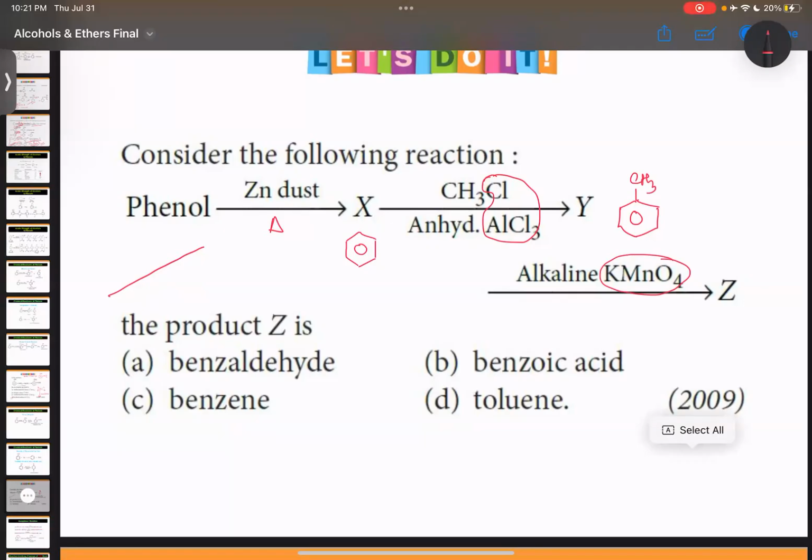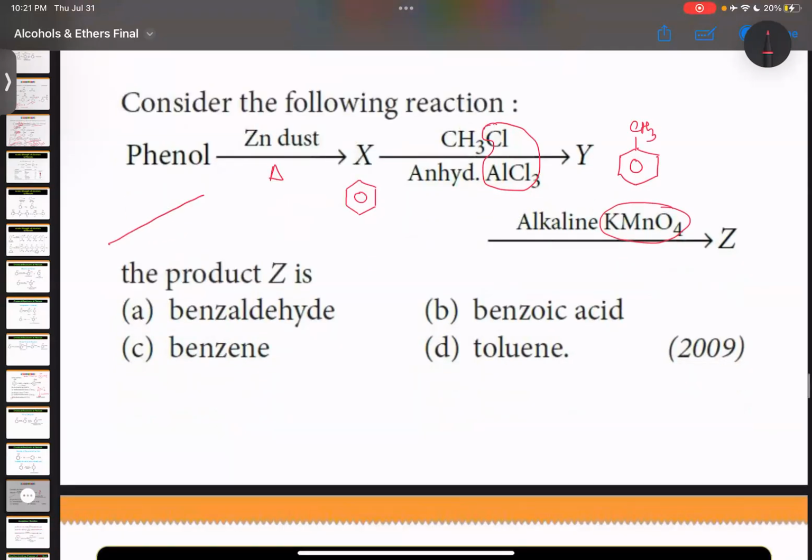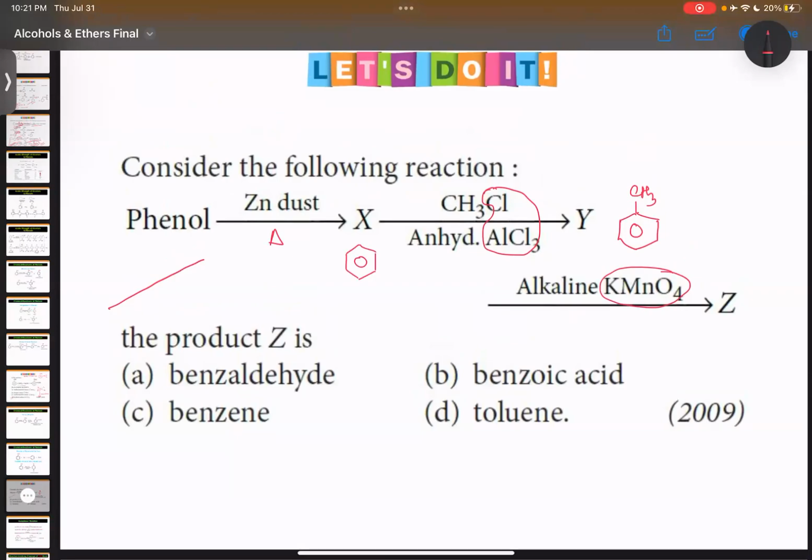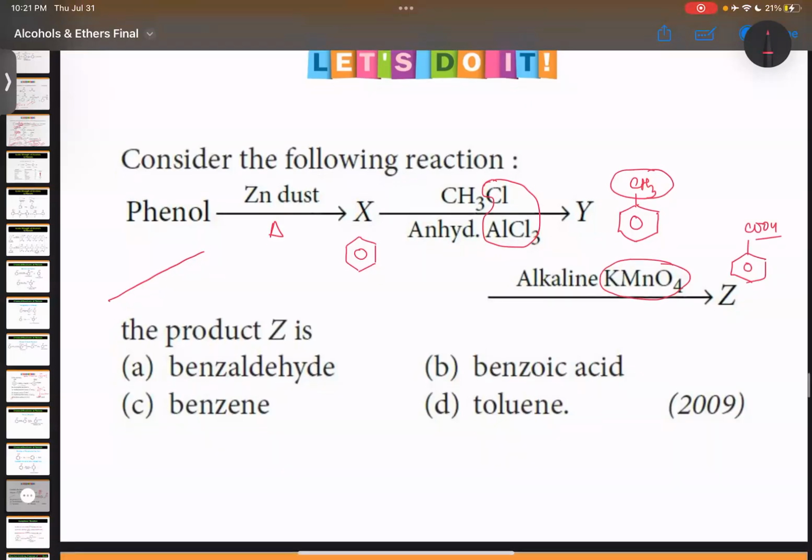So this whole methyl group will first get converted to benzaldehyde, then benzaldehyde will get oxidized to benzoic acid. Is it clear, Ibrahim? This is the PYQ of NEET. Basic question, but good question to recall all the reagents.